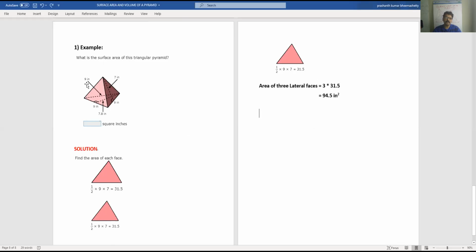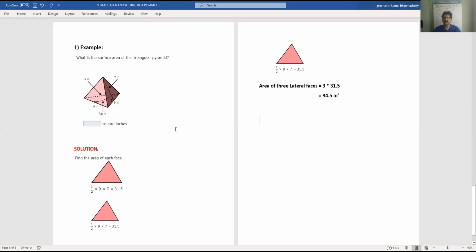We got the lateral surface area, these three triangles, all the same with a base of 9 inches and a height of 7 inches. So 94.5. Now what we are left to find is the area of the base.